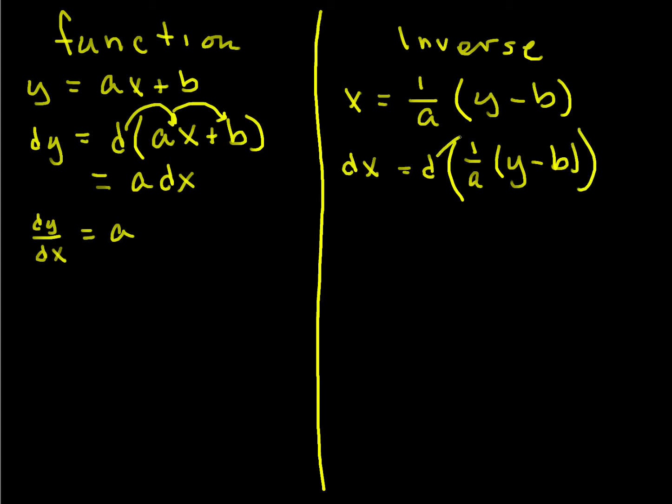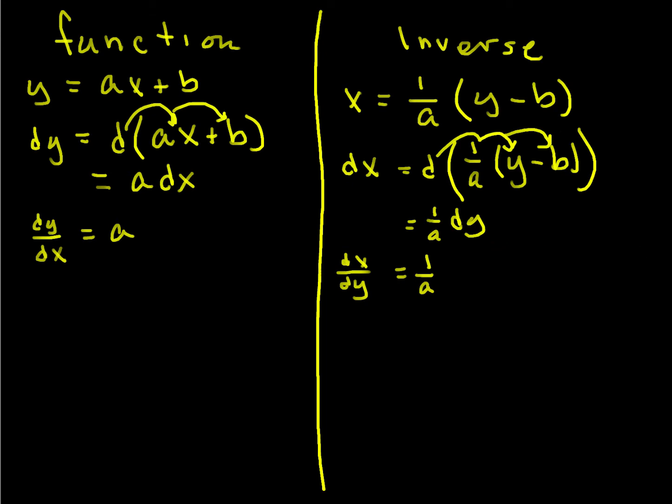Similarly, the differential passes past the constant. I take the differential of y and the differential of b, which of course is 0, and I get that this is simply 1 over a dy. So then dx/dy is 1 over a.